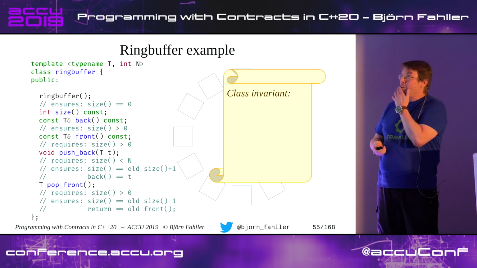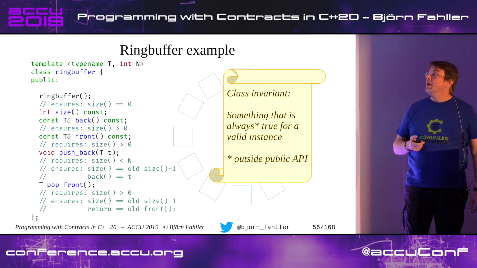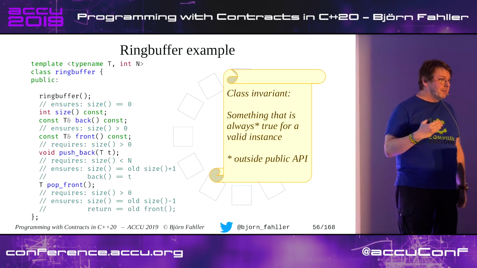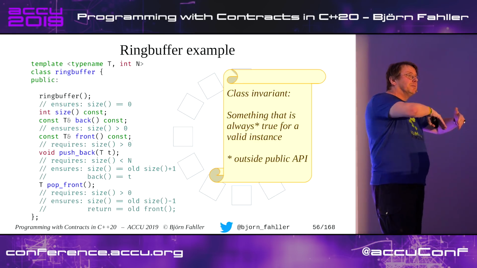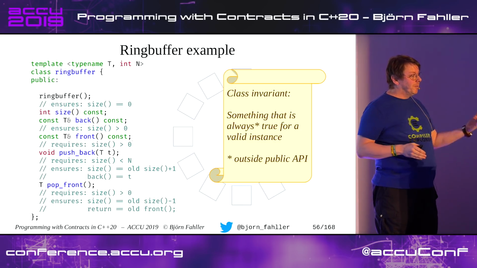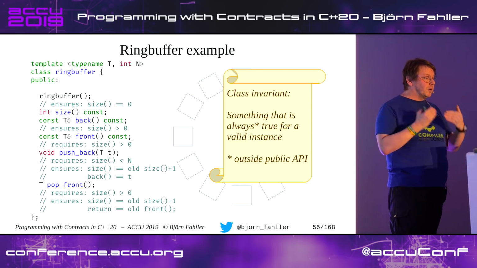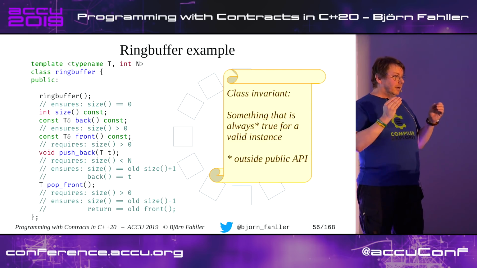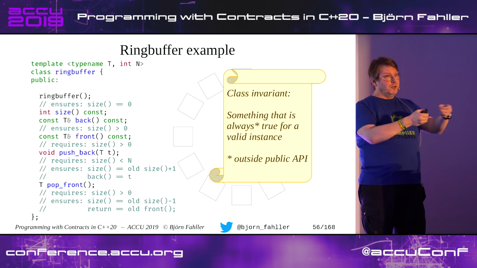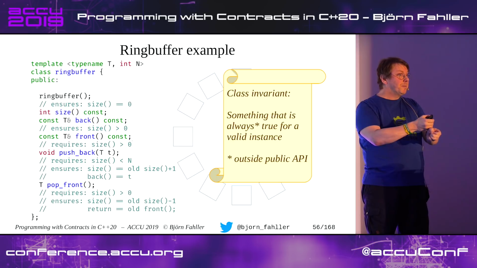Class invariant. This one is super difficult. The class invariant is something that is always true as seen from outside. When a function can be called from the outside, this must be true. It's perfectly okay to violate the invariant while executing a mutating function, provided that no one can observe it.